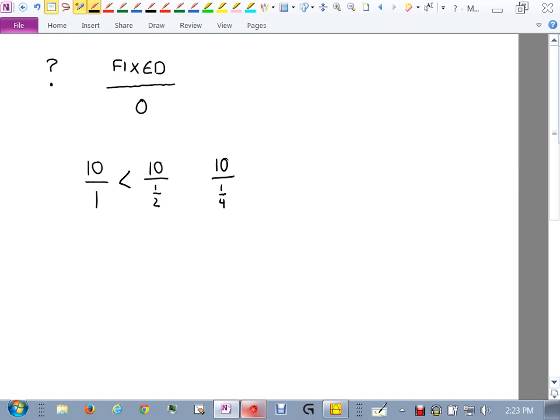What would that be? 40. So that would be bigger. And let the bottom keep getting smaller and smaller. So 10 divided by 1/8 would be 80. That's even bigger. And we keep letting that get smaller and smaller and smaller. It starts to blow up, doesn't it? Becomes infinitely large. So this is approaching infinity, yes?